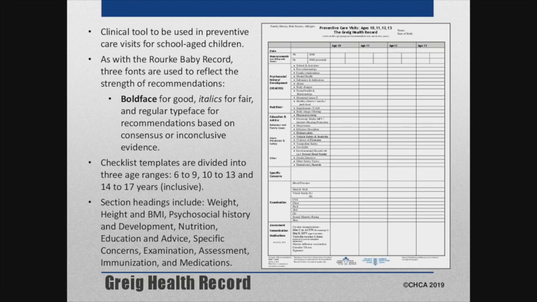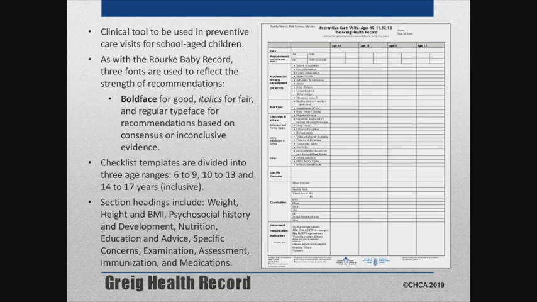Following the Rourke baby record is the GRIG record, and the GRIG record follows patients beyond the 5-year mark. The Rourke baby record starts from pretty much the first week of life until 5 years, whereas GRIG takes it on from 6 until 18 years of age. This again is a clinical tool. It's evidence-based, and similar to the Rourke baby record, functions very similarly.